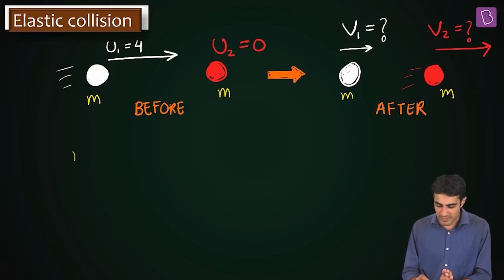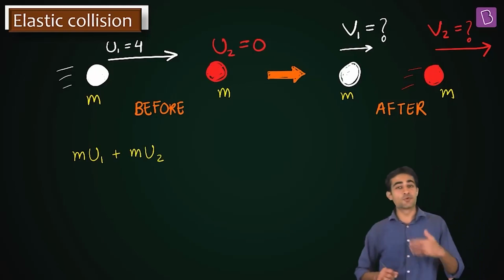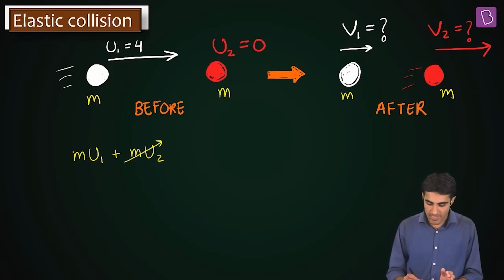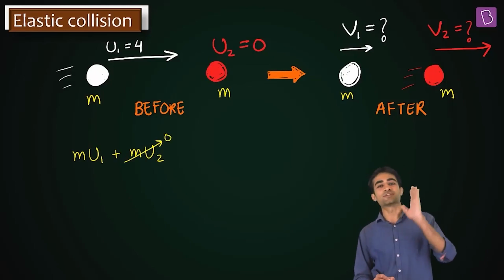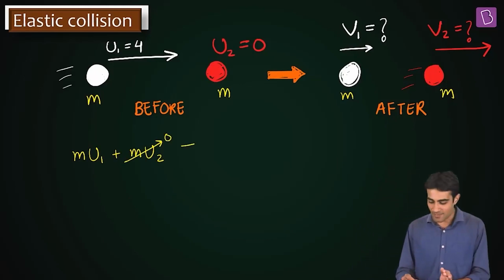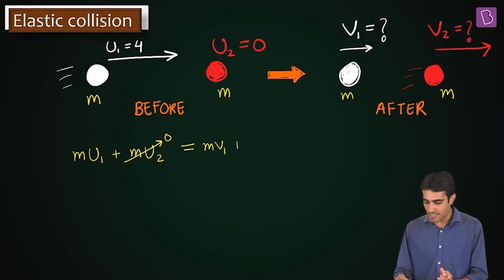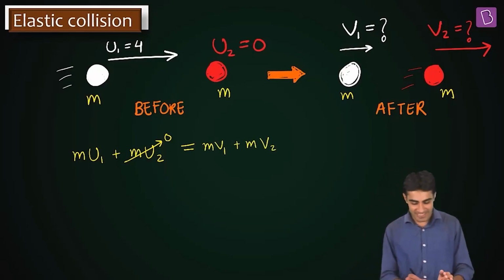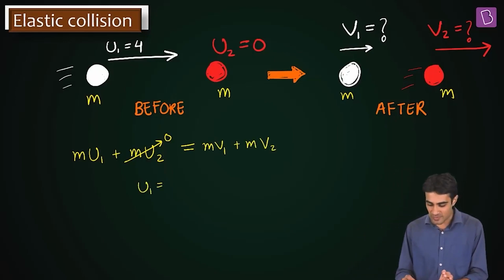Initial momentum of the system was m times u1 plus m times u2. Basically, u2 is 0, so m times u1 was the initial momentum. And final momentum is m times v1 plus m times v2.